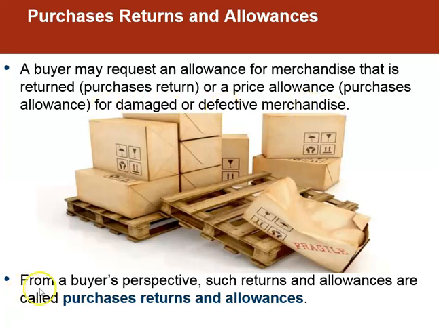Okay, it says from a buyer's perspective, this is the buyer that purchased the inventory, such returns and allowances are called purchase returns and allowances. Okay, so we've got inventory, then we bought it at a discount, then we're going to return maybe part of it. So we've got some stuff to keep track of.